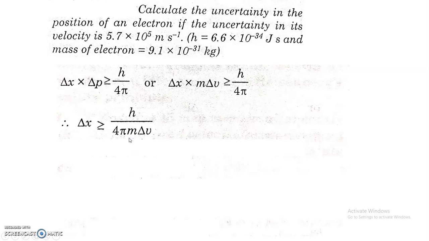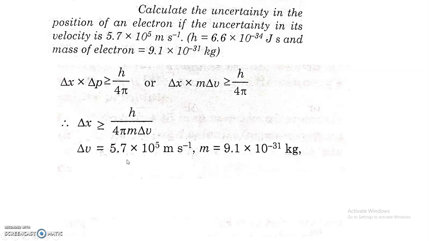We can rearrange this equation for delta x, that is uncertainty in position, because uncertainty in position of the electron is asked. So it is equal to or greater than h upon 4 pi m delta v.